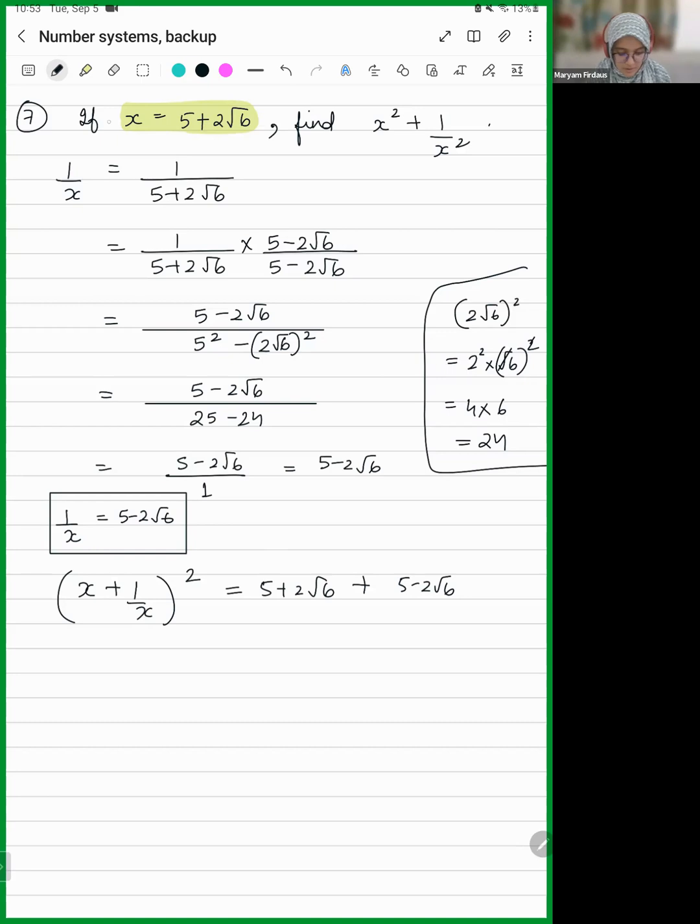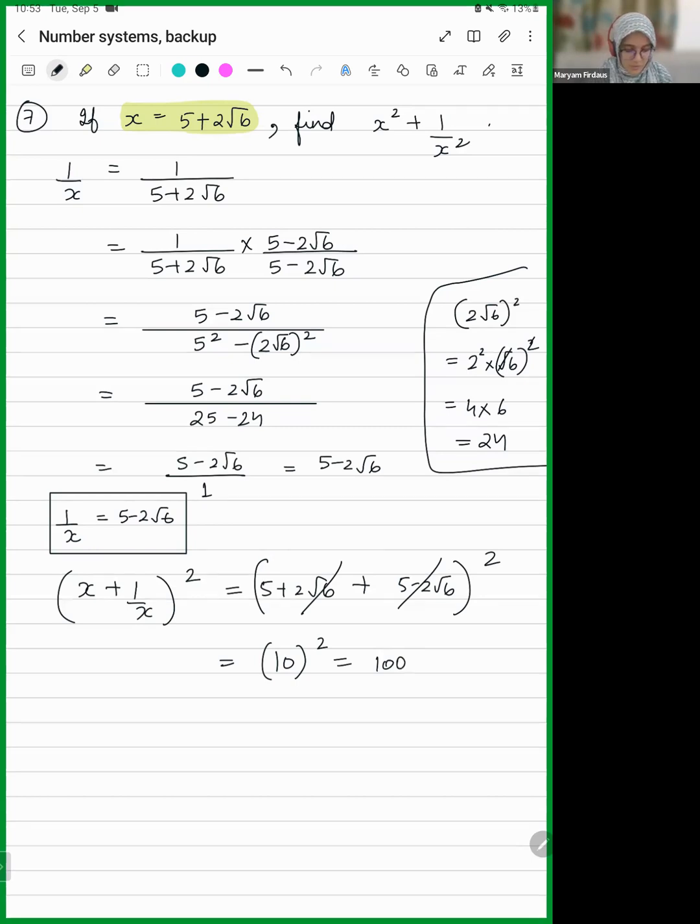So this thing whole square, it's going to be 5 plus 5 is 10. 10 square is what, Avni? 100, right? Yes.